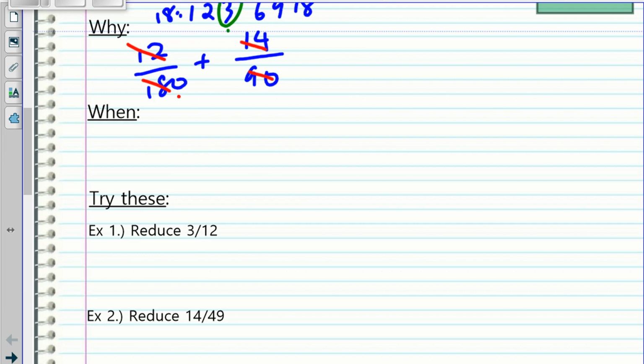Given the fact that these two denominators are not the same, as you will find out later, adding them adds a complexity to the question that you would rather solve with a simplified version of this, for this and for this. That's why. Also, on a lot of exams, they specify that you write down the answer in simplest form.